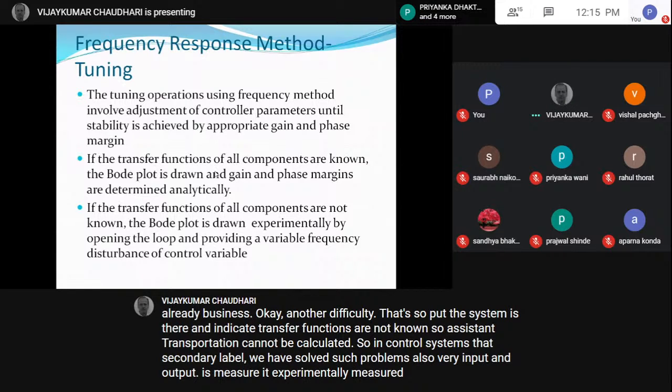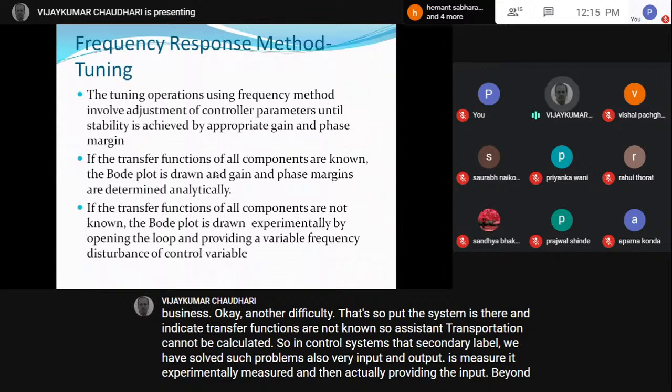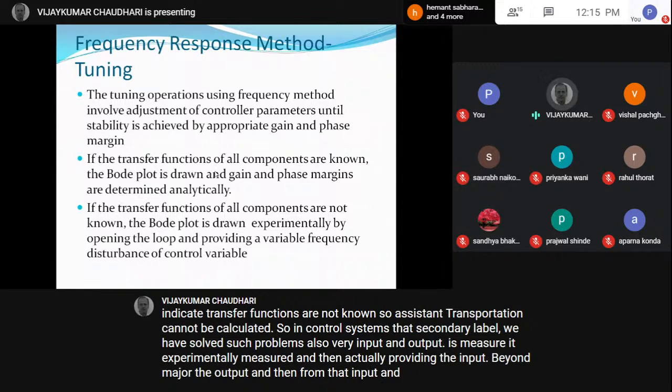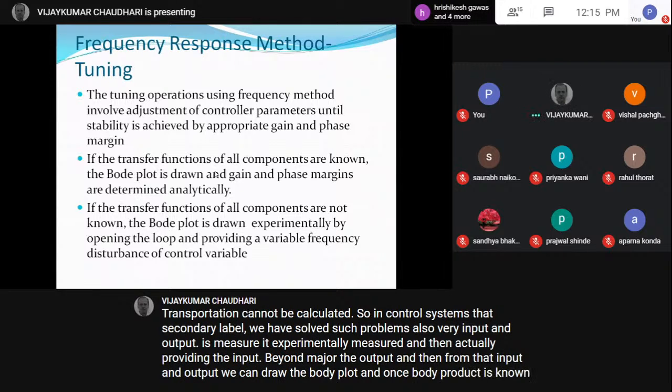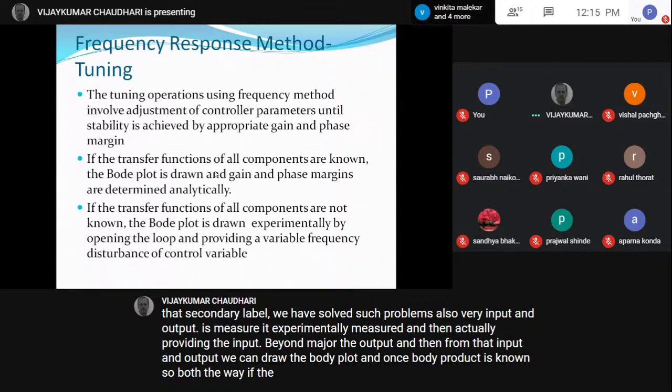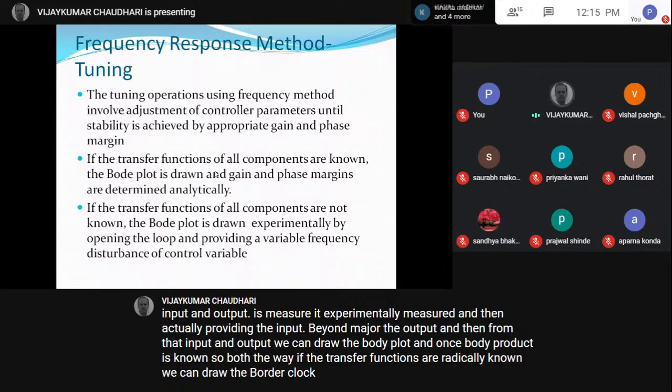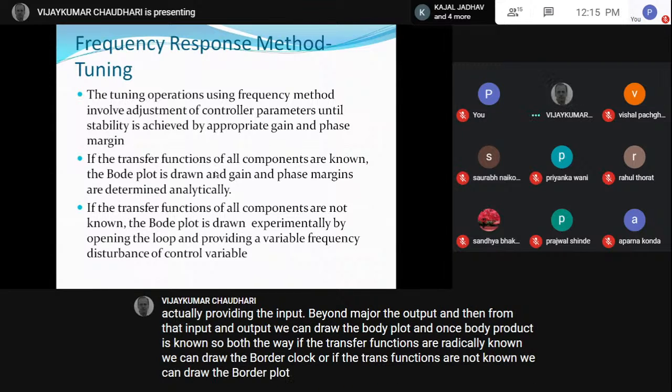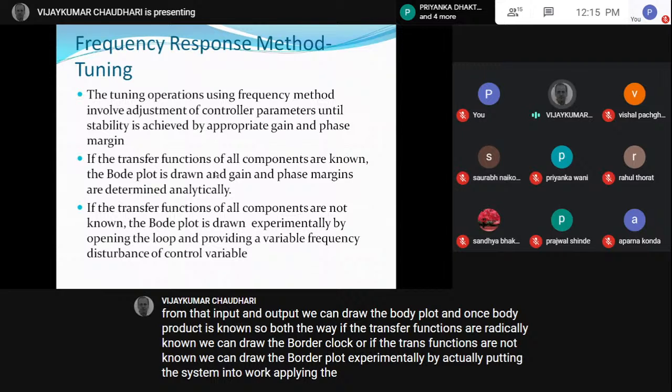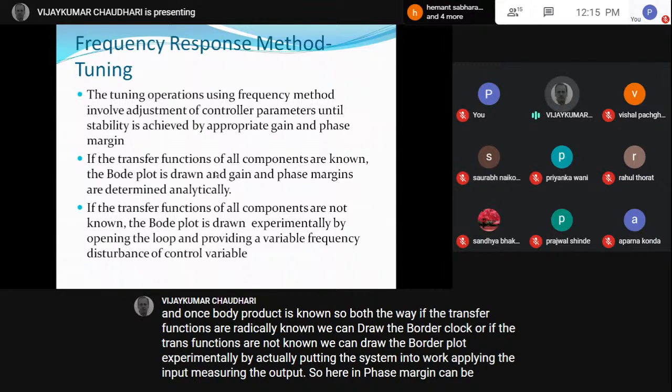We provide the input, measure the output, and from that input and output, we can draw the Bode plot. So both ways: if the transfer functions are known, we can draw the Bode plot, or if the transfer functions are not known, we can draw the Bode plot experimentally by putting the system into work, applying the input, and measuring the output. So gain and phase margin can be measured in both cases.